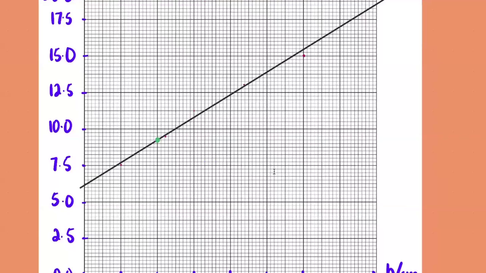So let's say one of my points is this one right here, and another one is, let's say, this right here. So what I should now do is draw a triangle.